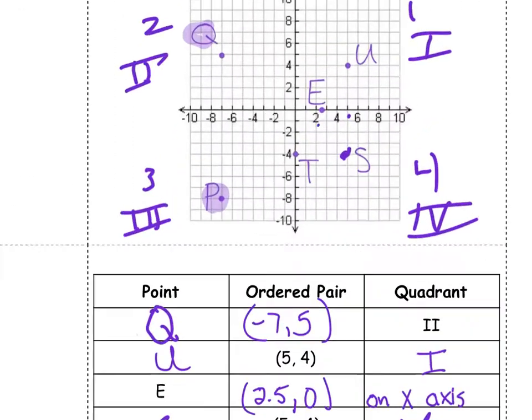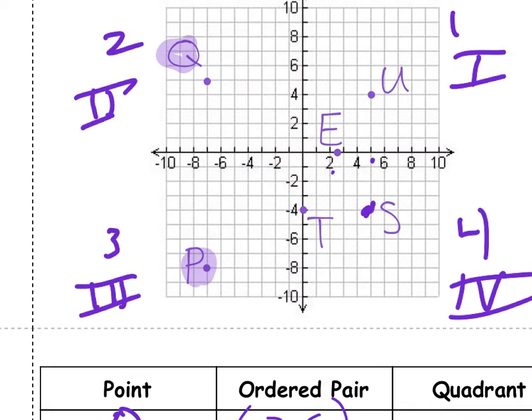So I'm going to blow this up a little bit. We could just count our boxes. This is 1 unit, 2, 3, 4, 5, 6, 7, 8, 9, 10, 11, 12, 13. Okay, so it's exactly 13 units away.